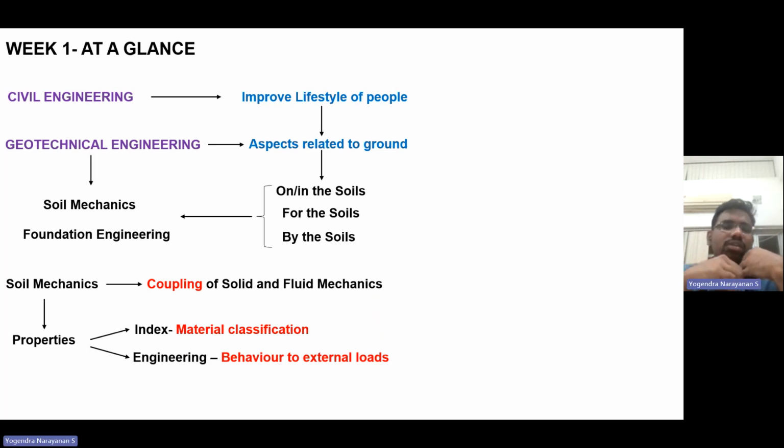Index properties, for example, would be particle size, texture, shape of the particle, etc. And engineering properties would be settlement behavior, shear strength, permeability, that is hydraulic conductivity, and similar properties which we will be studying in the subsequent weeks.